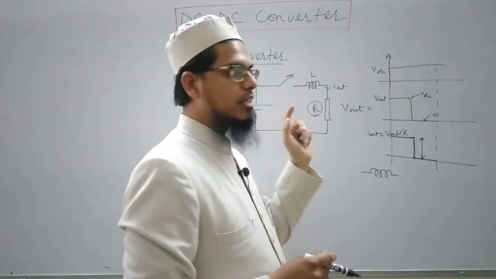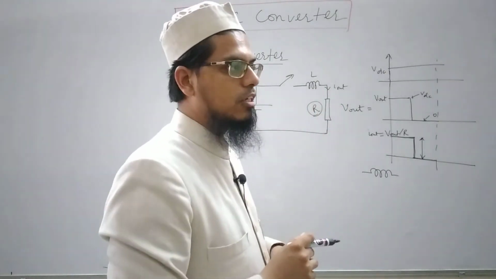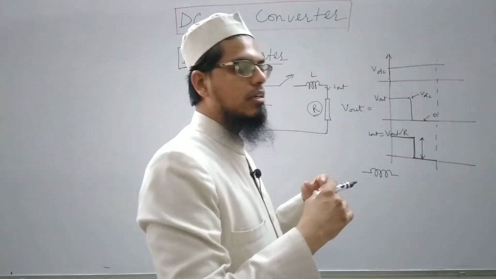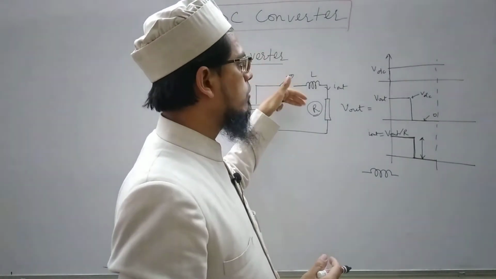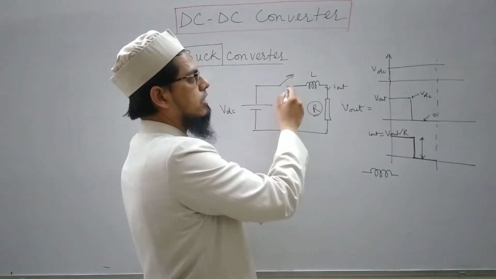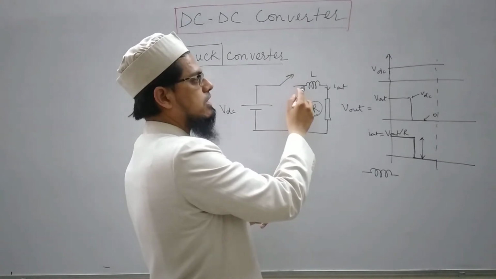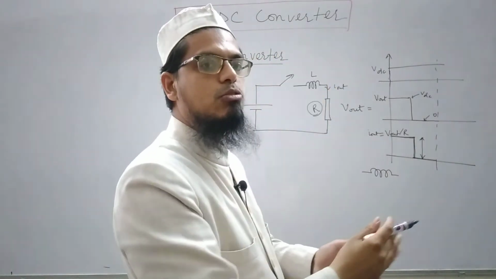What is the reason? Since when current is flowing through the inductor it is storing energy, if you suddenly try to open this switch, you are basically trying to cut the current. You are trying to force the current to 0.